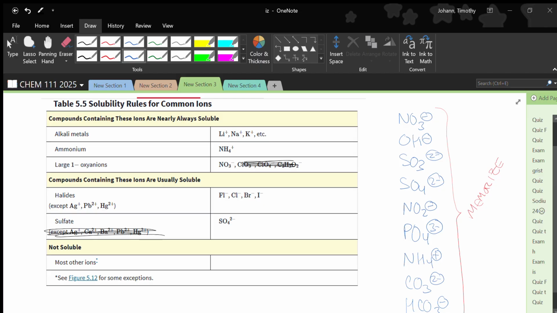Most hydroxides are insoluble. Everything in that second column, beryllium, magnesium, calcium, strontium, barium, are insoluble as hydroxides. Aluminum hydroxide, insoluble. Does that make sense? So hydroxide's not on this table. You see a hydroxide, probably not soluble unless you've got that left column.